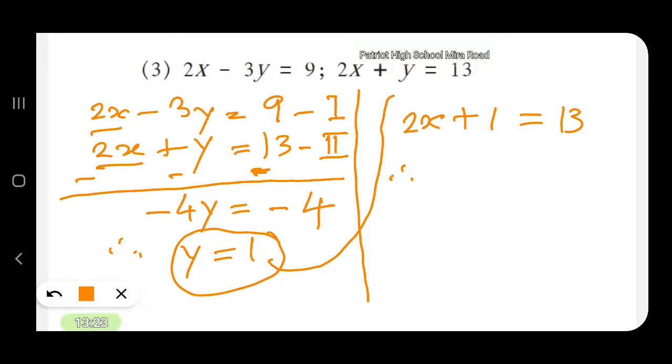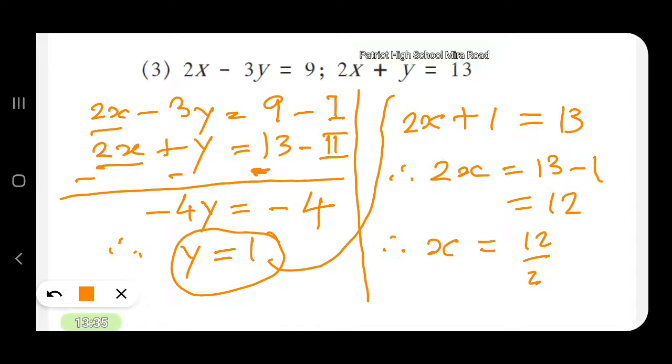Therefore 2x = 13 - 1, which is 12. Therefore x = 12 upon 2, which is 6. So the solution of the equation is x = 6, y = 1.